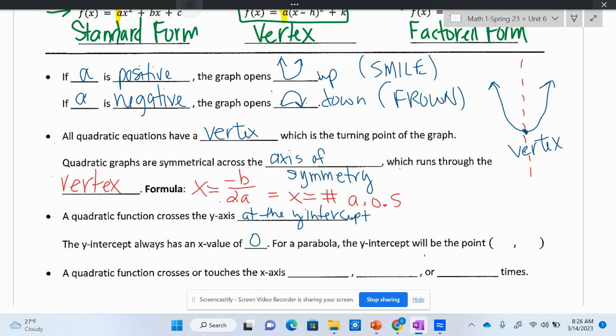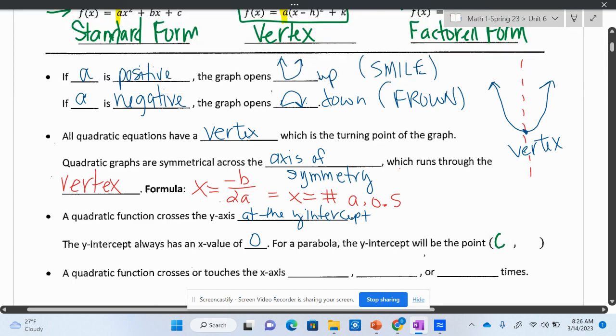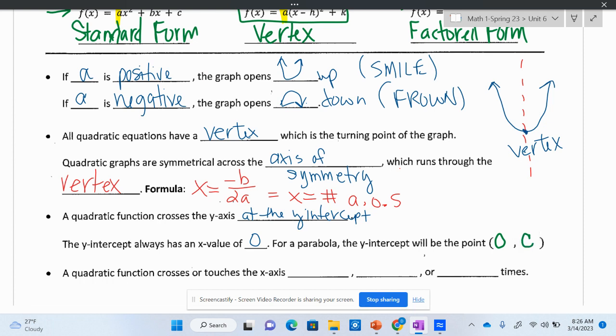So I want to tell you something special about the y-intercept. It says for a parabola, the y-intercept will be the point (0, c) if it is in standard form.